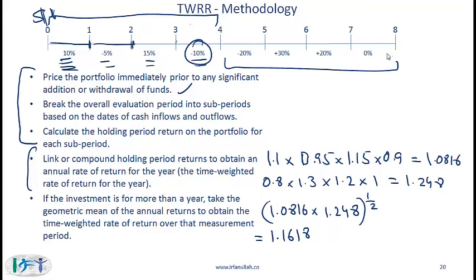If there is a 0% return, then we simply multiply by 1.